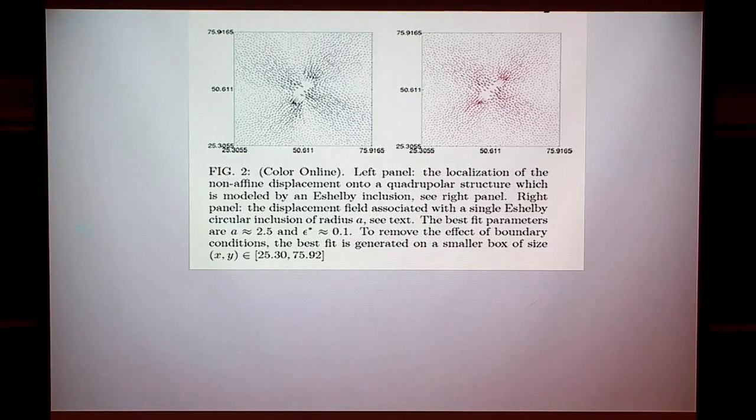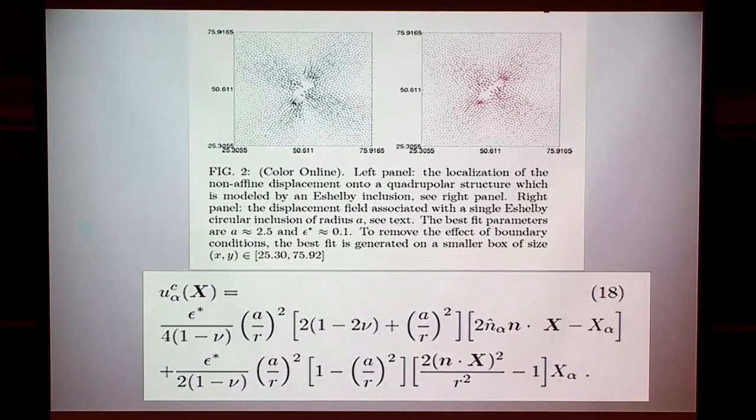Eshelby did this in an analytic fashion. What I can do now is look at my system, find the eigenfunction that I see in the numerics, and fit the Eshelby solution, and this is an analytic thing. The Eshelby solution is for the displacement field around such an instability, and it's very useful because it gives us a lot of analytic power in understanding what is happening.